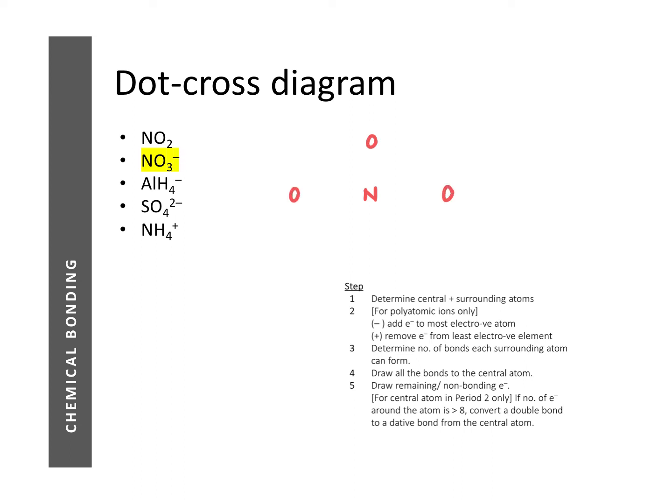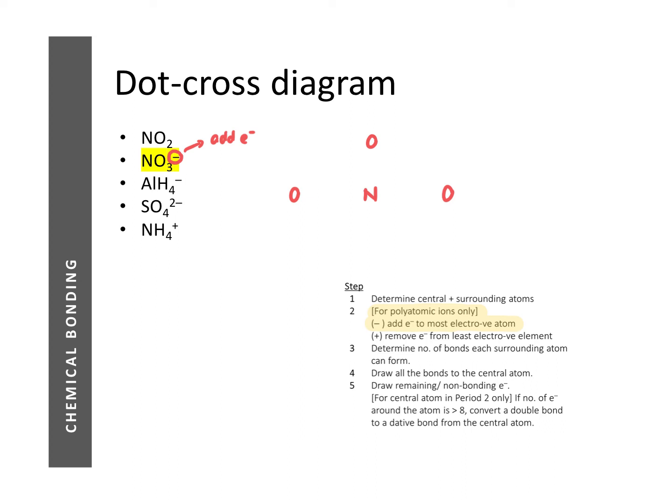Step number 2, in this case, we have a polyatomic anion. The charge of minus means that we have added 1 electron to the substance. So which atom do we add the electron to? This is where step number 2 becomes important. For polyatomic ions, in this case an anion, we need to add the electron to the most electronegative atom.